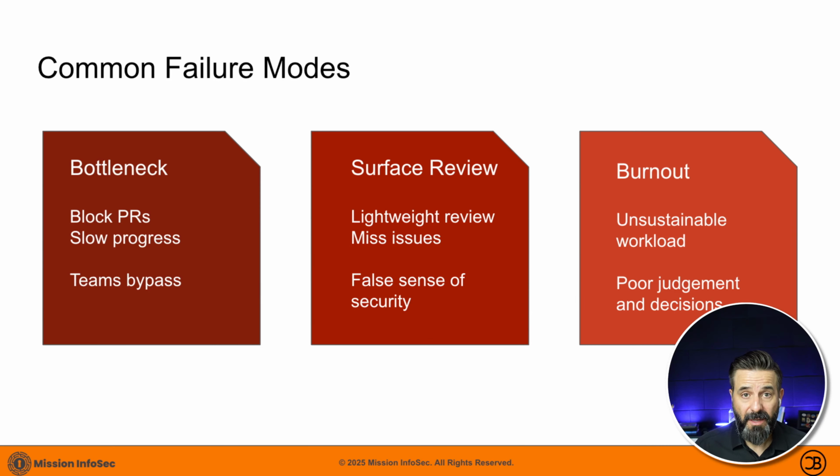The problem is that results in missing issues, and no security engineer likes to miss issues, so there's a real tendency to not go that route. It sounds great on paper, but security engineers resist light touch reviews. And when you start missing things, obviously the organization isn't happy with it either.